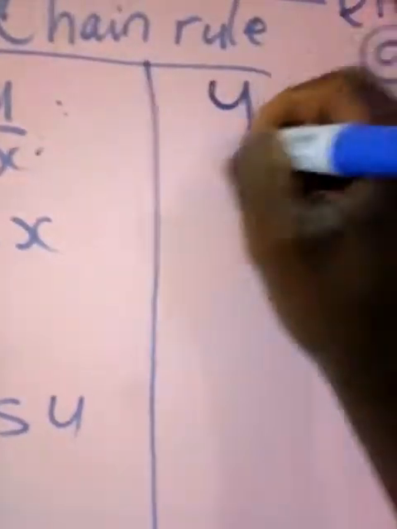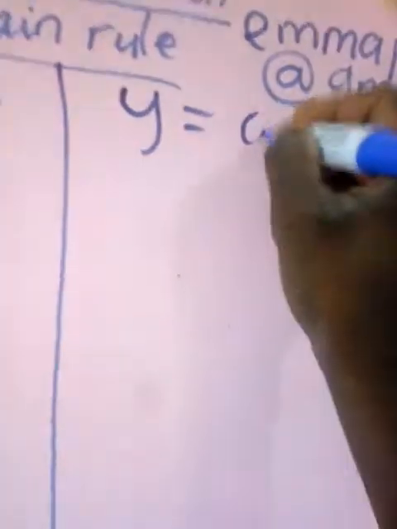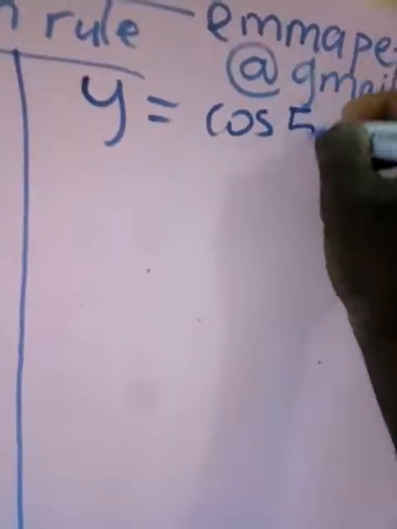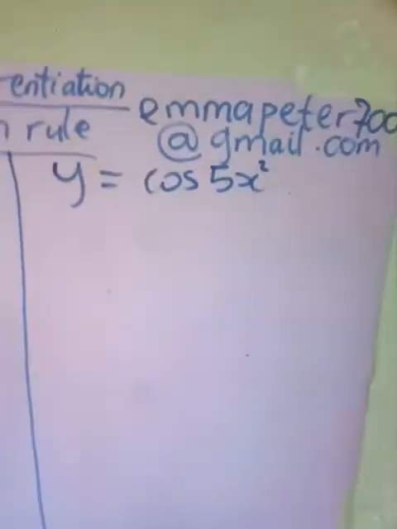If I have y equal to 3x squared, I can also apply the same thing. Let me try with a cos. Y is equal to cos 5x squared, and you are asked to find the derivative of this.